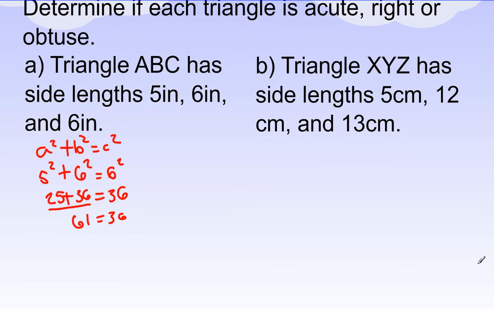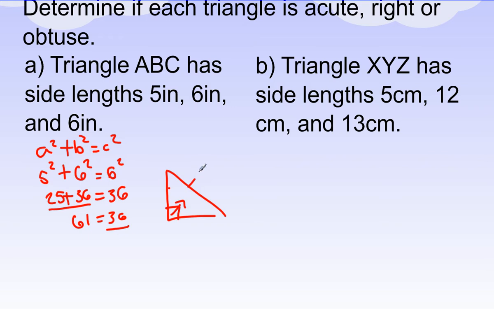So now we have to figure out, is it acute or obtuse? Well, here's an easy way that I think about it. Look at this hypotenuse, this c squared of 36. That is too small. Because it's too small, it means that the angle, remember on a right triangle, across from the largest angle is the hypotenuse, so across from this right angle is the hypotenuse.